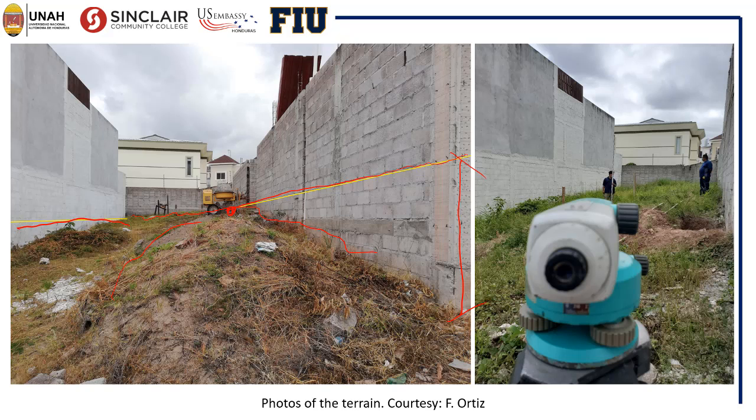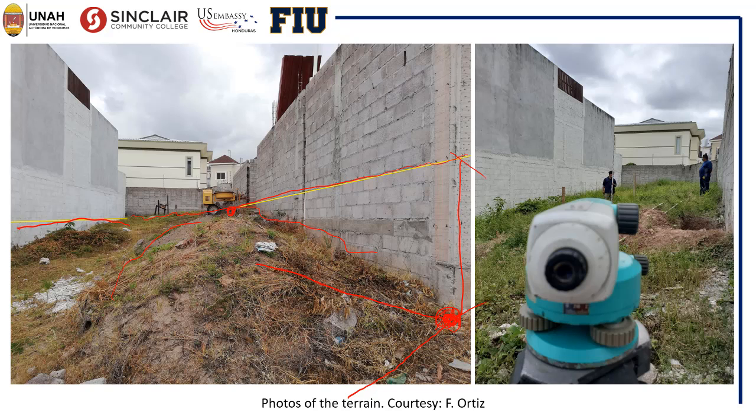What we have to do is define the level of our project, the desired level, and we choose this point because the sidewalk comes from this direction, so this is our reference point.